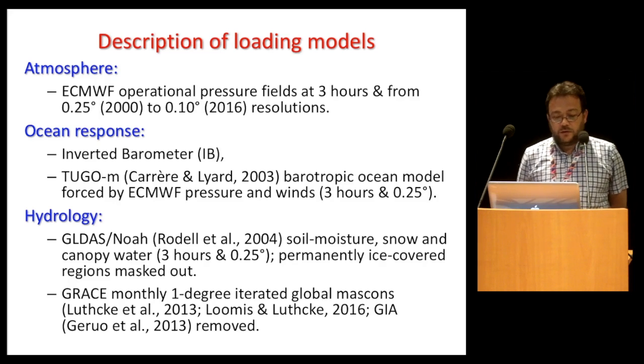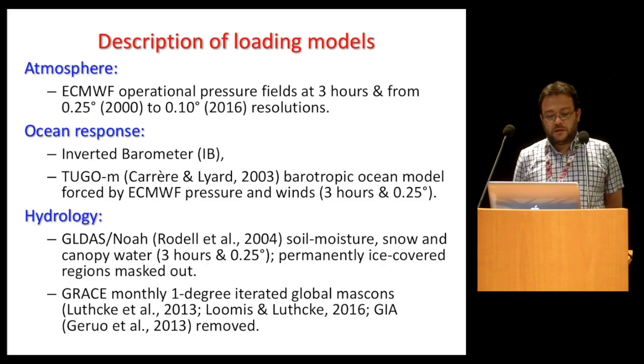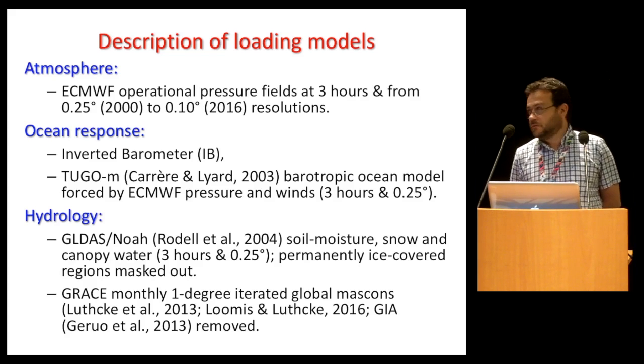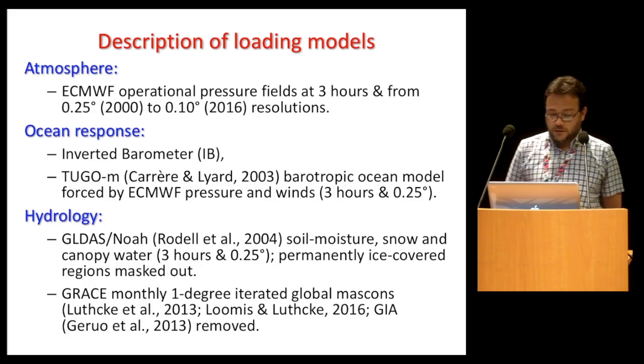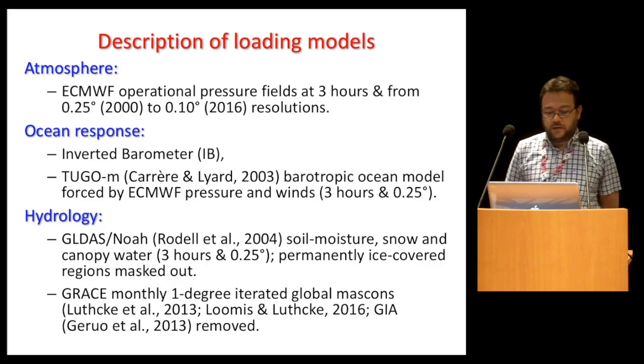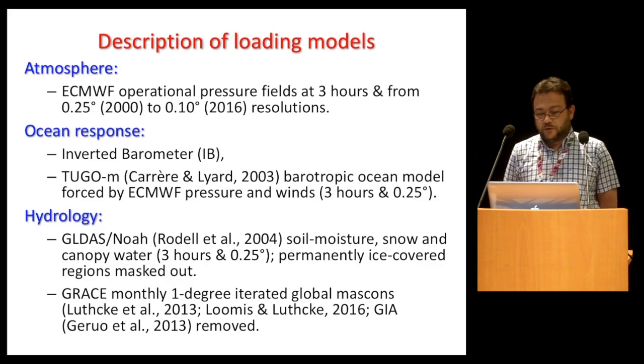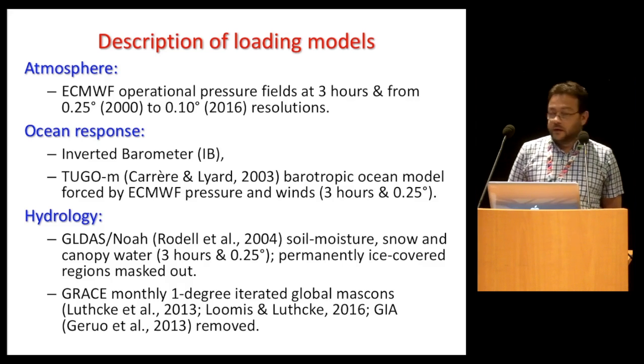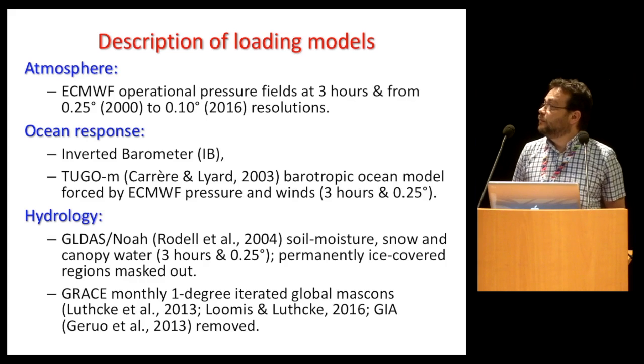And the other model is a dynamic ocean model, barotropic. It's called TUGO-M, also known as MOG2D, developed by Laurent Carrère and Florent Lyard, and it's forced by ECMWF pressure and winds. So at long period, it will not be IB because of the wind forcing. And for the hydrology, I use two different models.